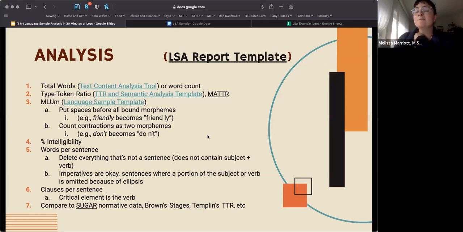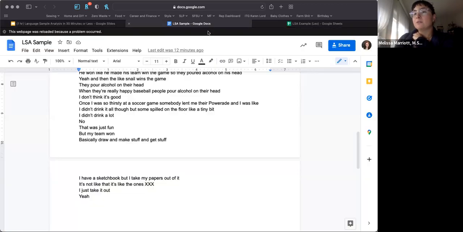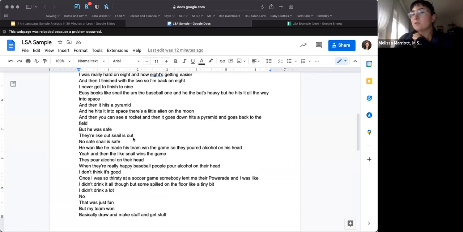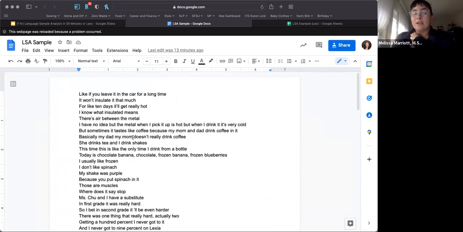Okay. So then the next one is words per sentence. I'm going to go back to this version of the language sample because now I want to go through and delete every utterance that's not a complete sentence. So, like these are all okay.